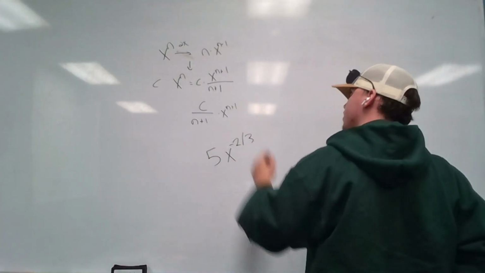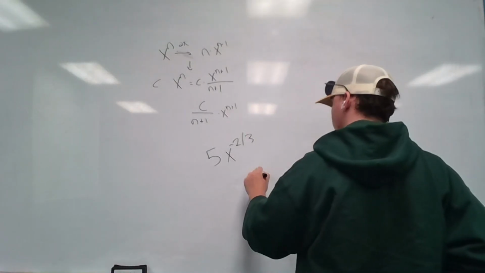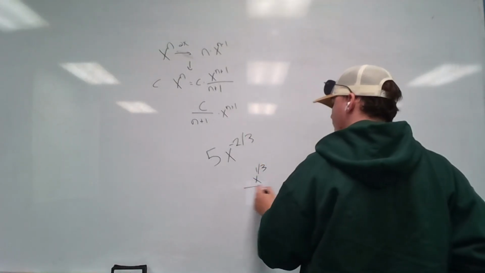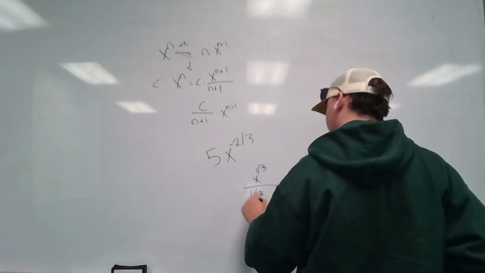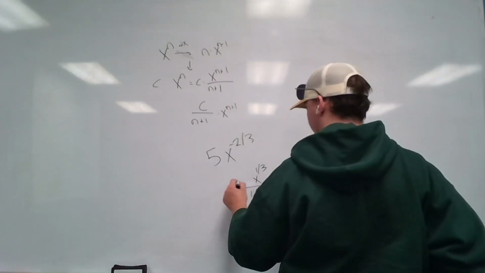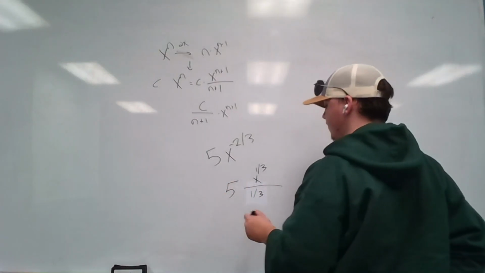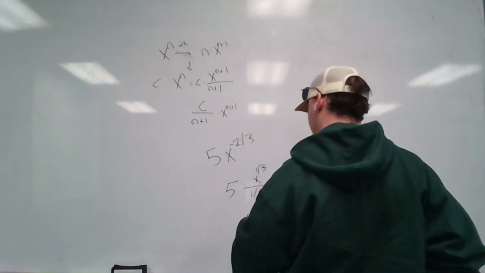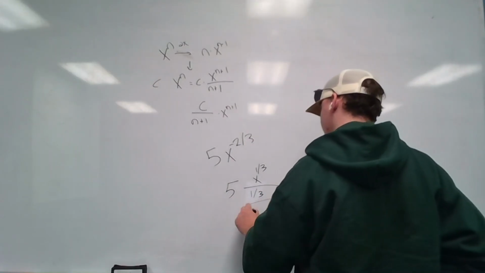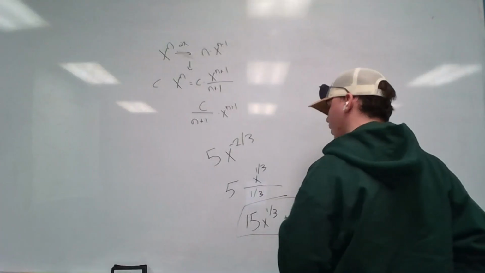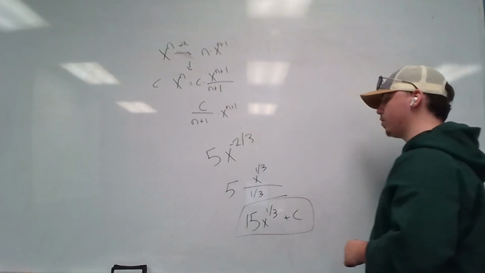Well, if we use the formula, n plus 1 is going to be 1/3, divided by 1/3, and then 5 on the front. So 5 divided by 1/3 is technically 5 times 3, so 15 x to the 1/3 plus c is going to be our antiderivative of 5x to the negative 2/3.